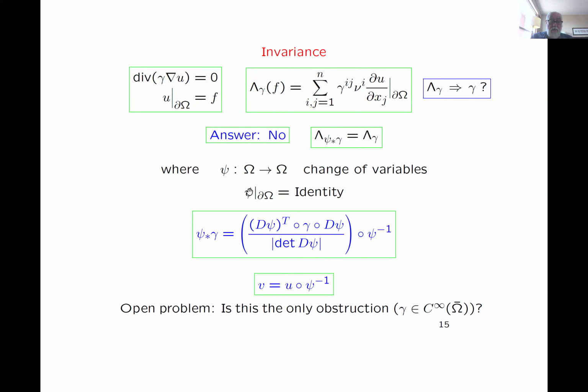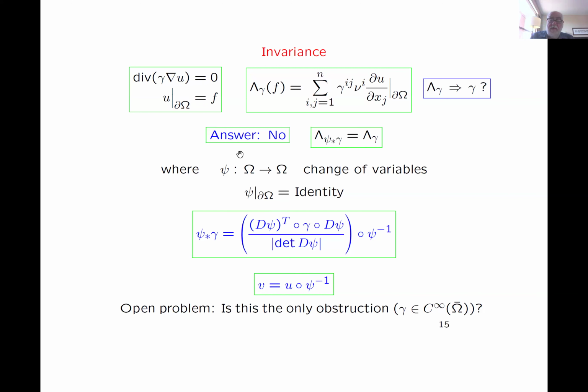And the group of diffeomorphisms which is the identity at the boundary is infinite dimensional. So there are many conductivities that give you exactly the same information. For instance, any rotation inside is an example. As I said earlier, this can be seen by just changing variables in the solution of the equation.